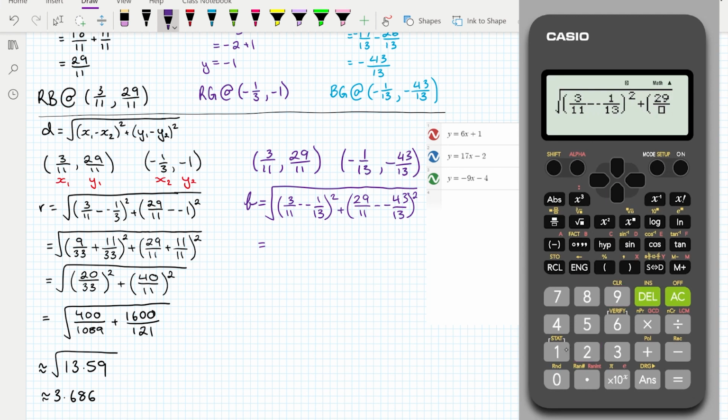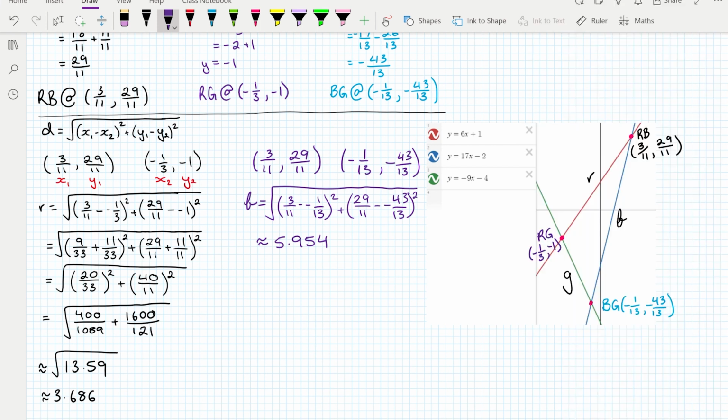So we've got 29 over 11 minus negative 43 over 13, bracket squared. We're going to press equals on that one, and we get 5.954. Oh, and again, because I did have to round that off, we're making that an approximate equal sign because it's no longer an exact value.